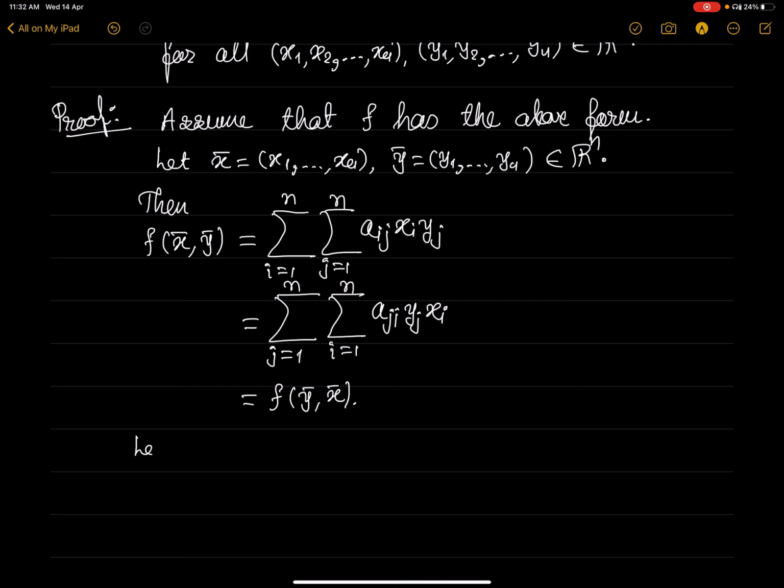Right. Let x bar, y bar, z bar be elements of R^n.